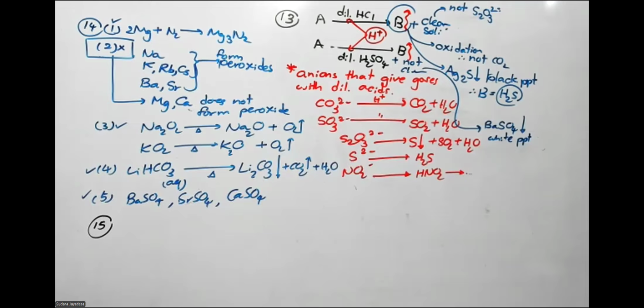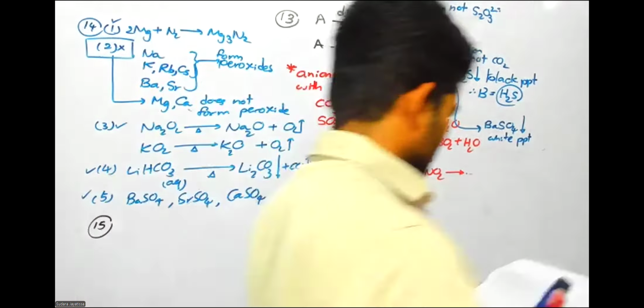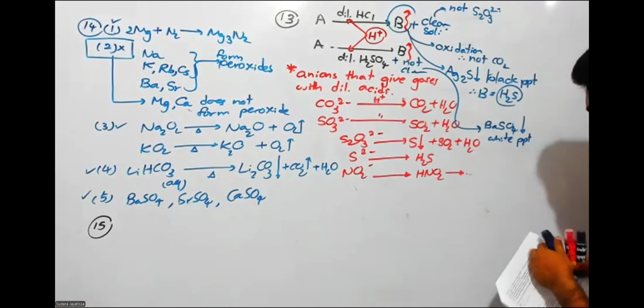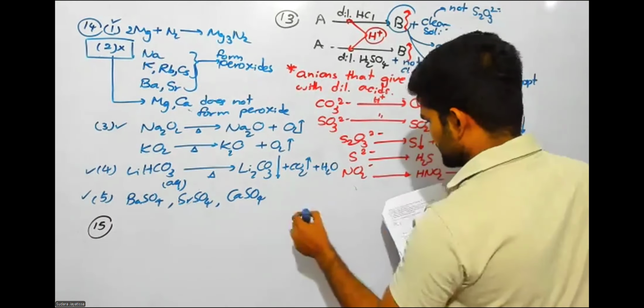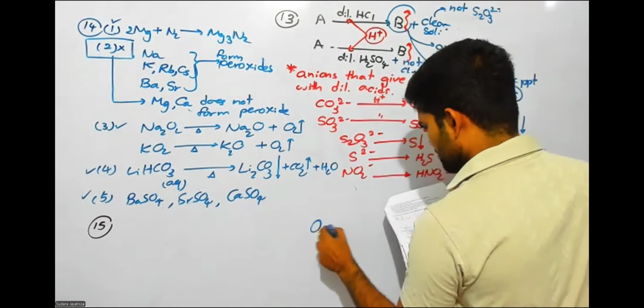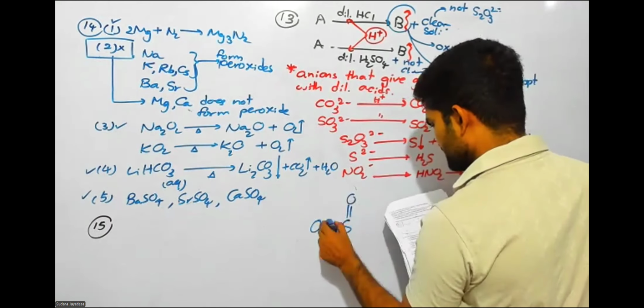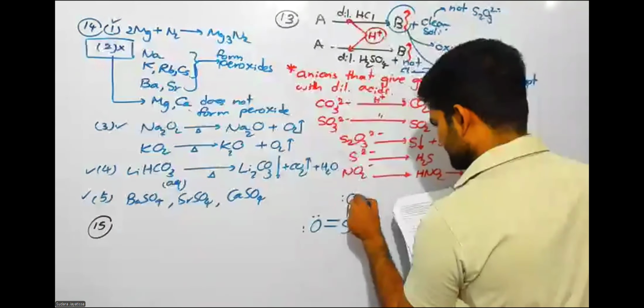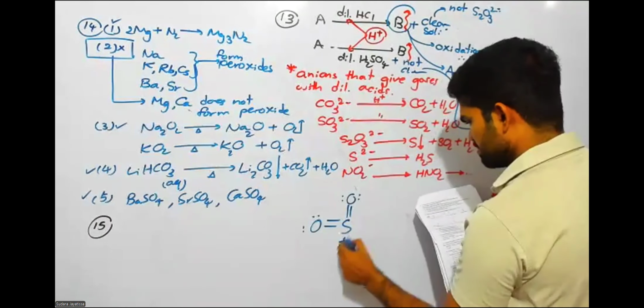Yes, of course we can draw a better structure than this. Okay, first one is good, but this structure is somewhat better. Having a double bond. This one. Then say this is the most stable structure.